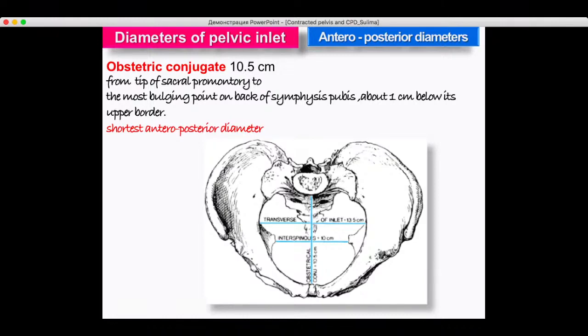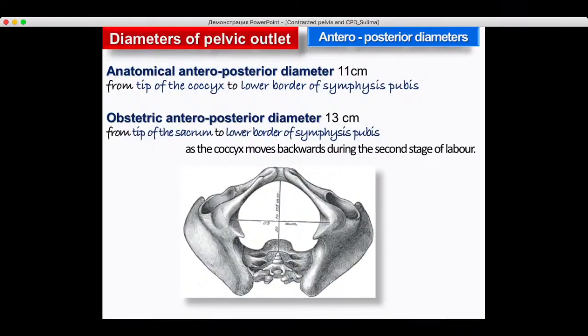Then the transverse diameter of the pelvic inlet is 13.5. And also we have two oblique diameters, which measure 12 or 12.5 centimeters. We have three diameters of the pelvic inlet.